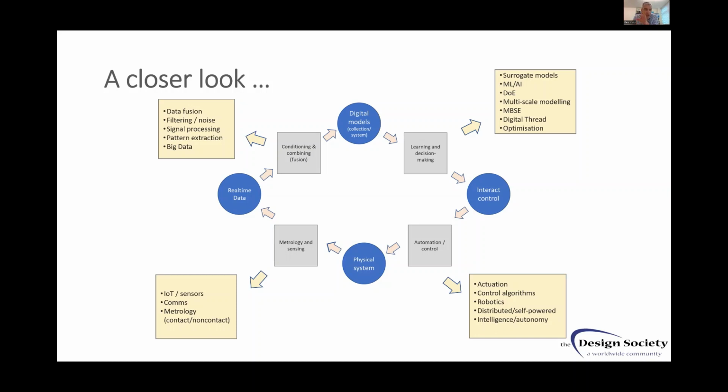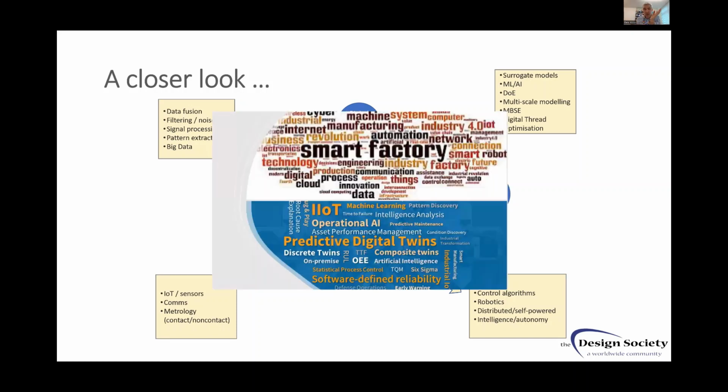In terms of metrology: IoT, sensors, comms, contact, non-contact, some metrology systems. And for data, conditioning and combining: techniques like data fusion, filtering, noise, signal processing, pattern extraction, and big data. If we look at our word clouds again, we can see a lot of those terms appearing.